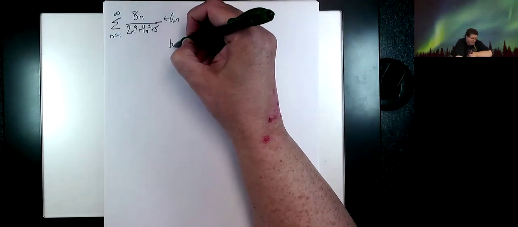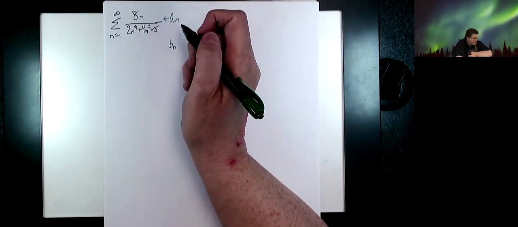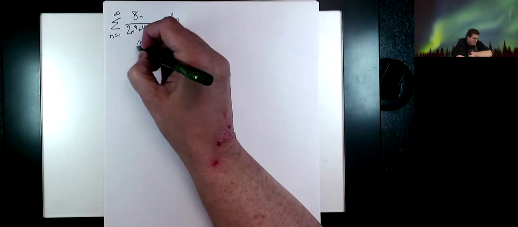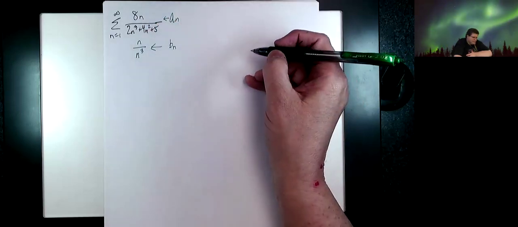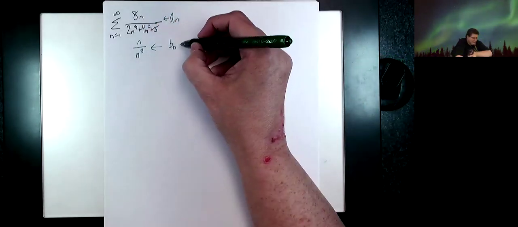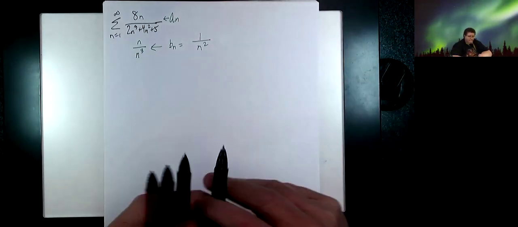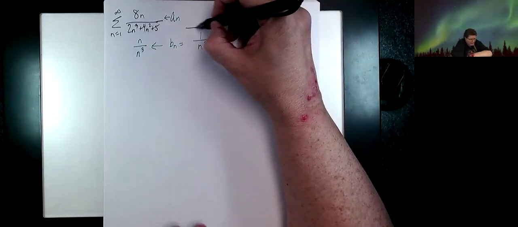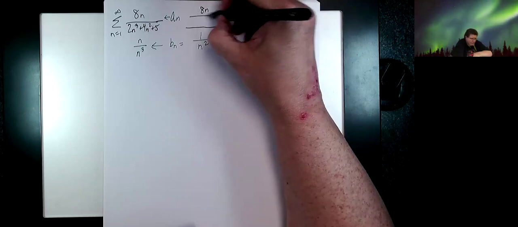For b sub n, look at the leading terms, and you don't really need to worry about the coefficients. The largest term on top is n, the largest term on bottom is n cubed. So we're going to use b sub n equals 1 over n squared. And that's going to be the bottom of our superfraction.